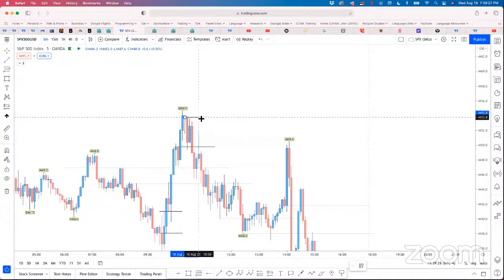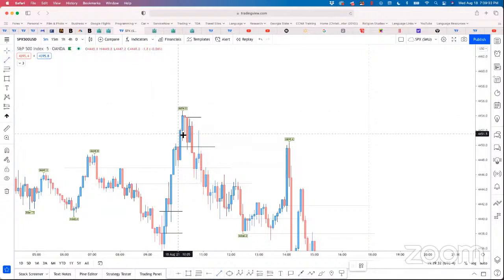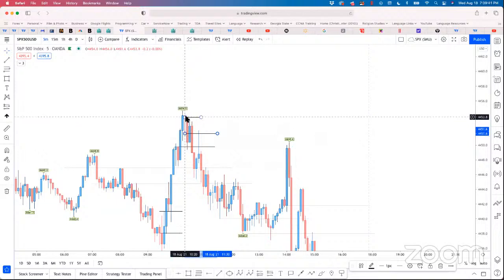But does it close above that? Or does it hold in between these two areas, the wick low and the candle body? It does hold that, and then it immediately uses that area. It rebalances once here, twice here, and a third time right here.